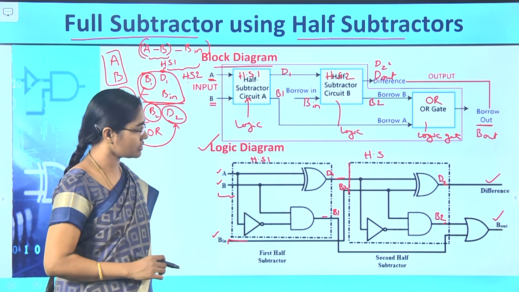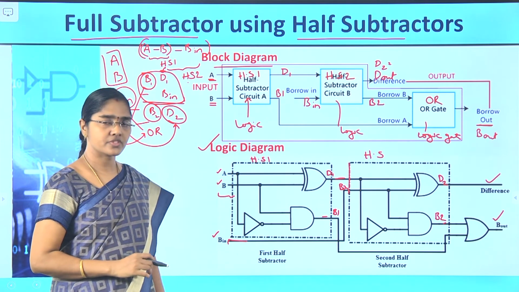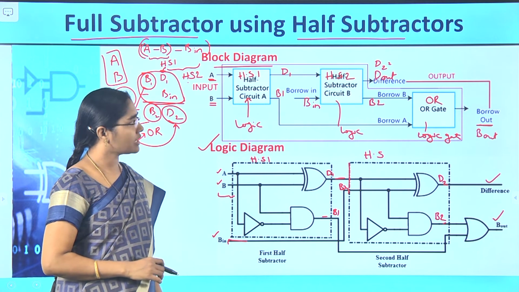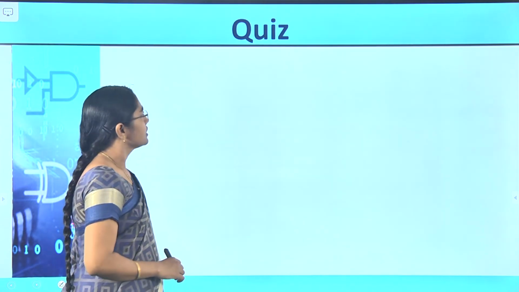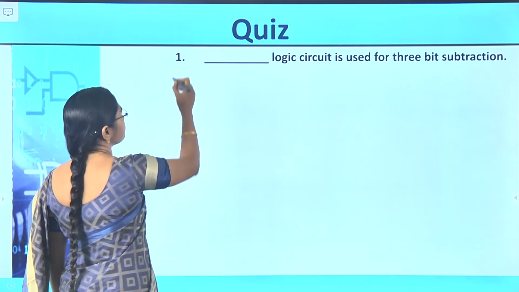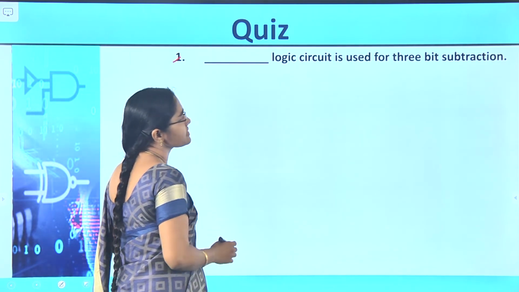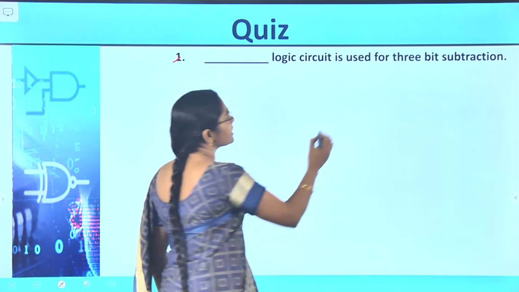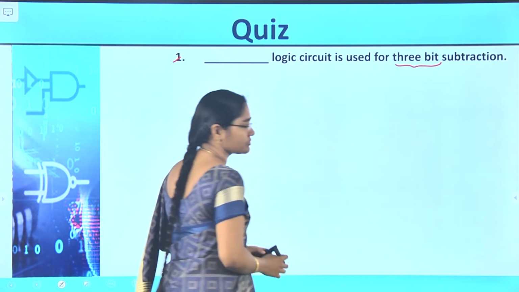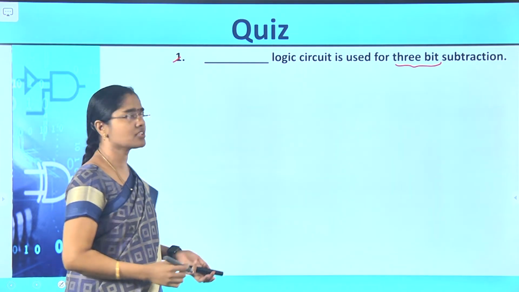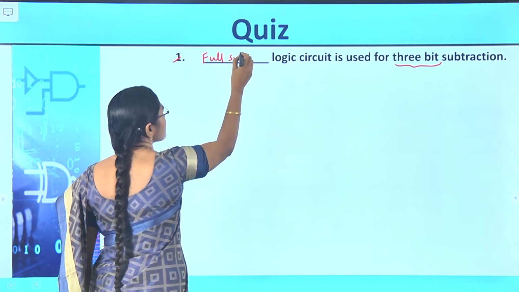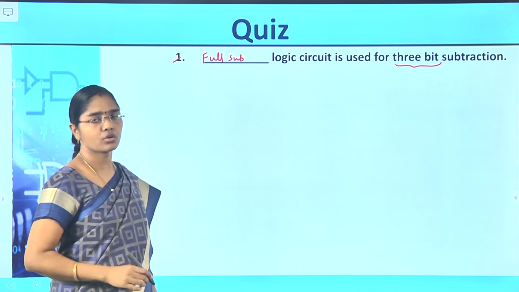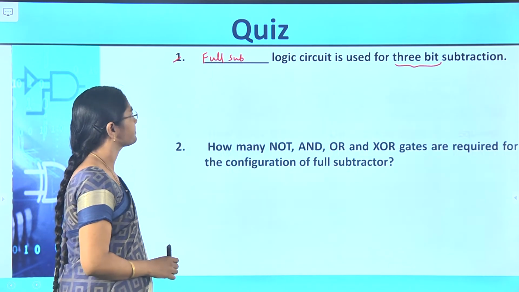I hope you understood. Now let's check our understanding with the help of a quiz on the full subtractor. The first question: dash logic circuit is used for 3-bit subtraction. For 3-bit subtraction, which logic circuit is used? It is the full subtractor.